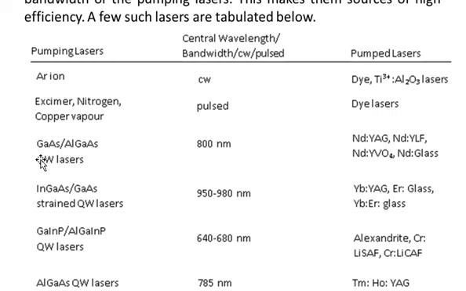The next stage is gallium arsenide, aluminium gallium arsenide quantum well lasers. They operate at 800 nanometer, and are used to pump Nd:YAG, Nd:YLF, Nd:YVO4, and Nd:glass. Nd:YAG is the neodymium YAG laser, where YAG stands for yttrium aluminium garnet.